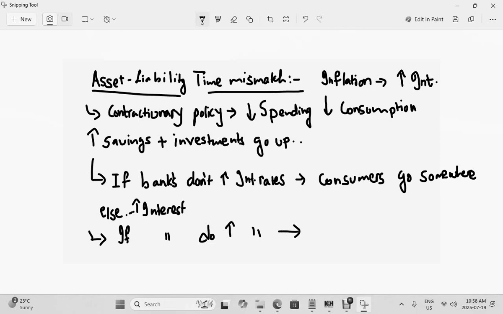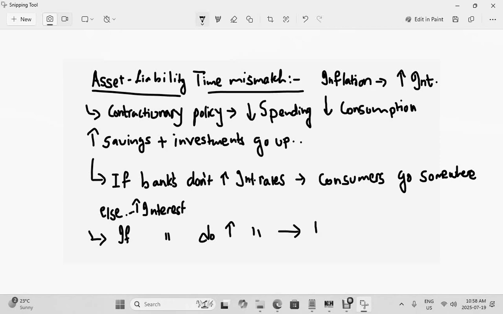But you have to consider that the bank can raise their interest rates right away when it comes to savings and other investment products. However, when it comes to loans, line of credit, personal loans, so on and so forth, when it comes to business, banks may have a fixed contract.